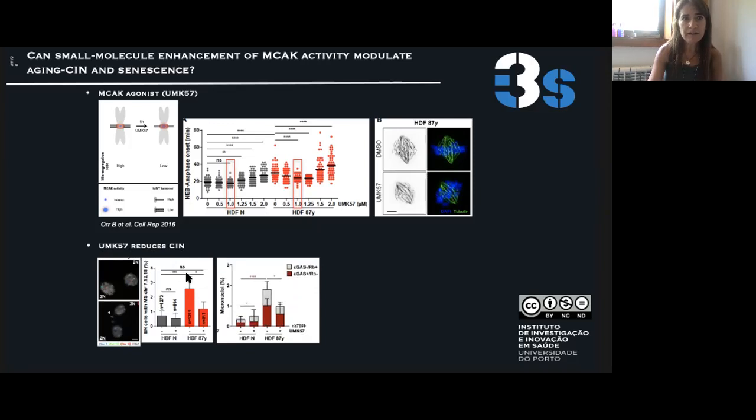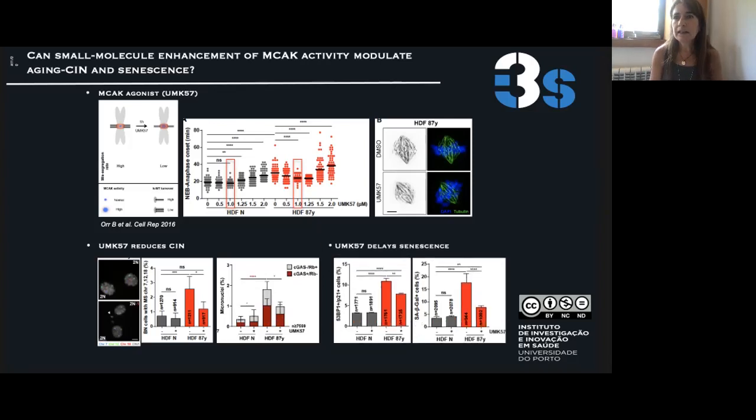Importantly, we found that by preventing chromosomal instability, we could also decrease the number of micronuclei that were staining positive for cGAS, a negative regulator of retinoblastoma, which is a signal that is very important to generate the senescence phenotype.